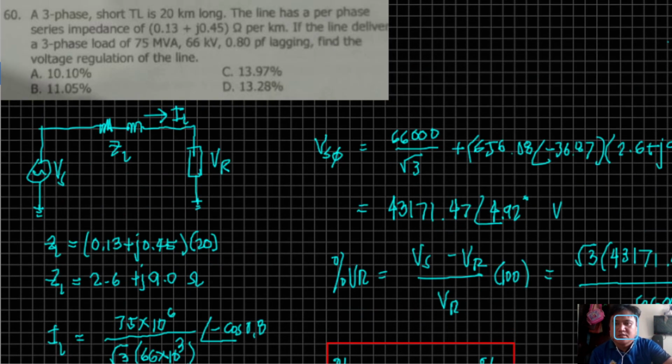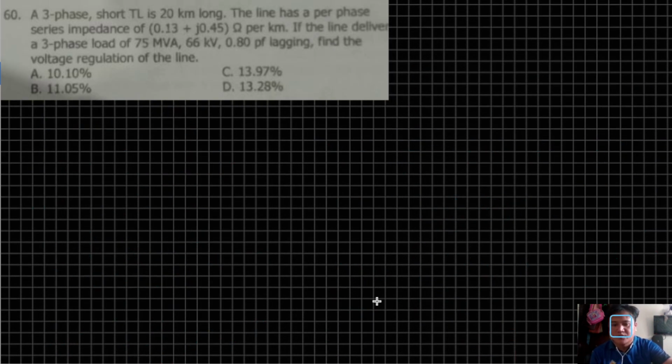Okay, so we have an alternative solution for that using the other formula of voltage regulation. Okay, so how do we do that? Okay, so kailangan natin doon is yung power factor, reactive factor, percent resistance, percent reactance.